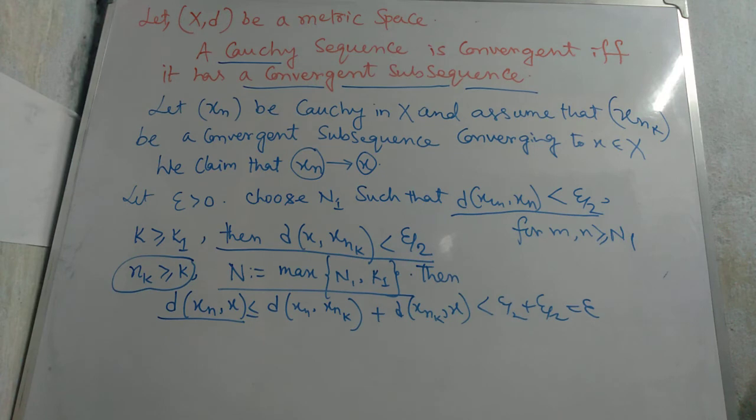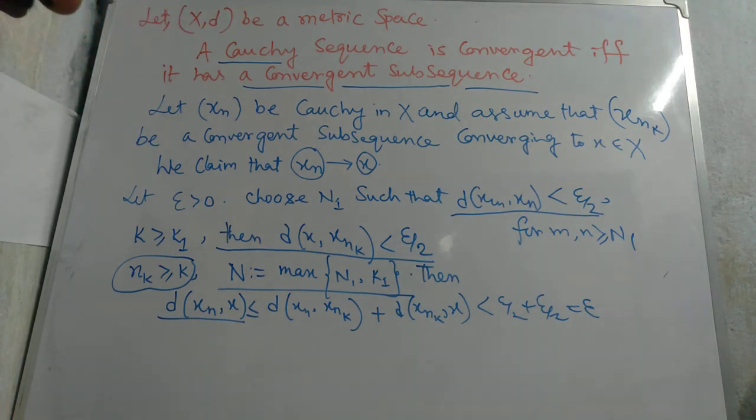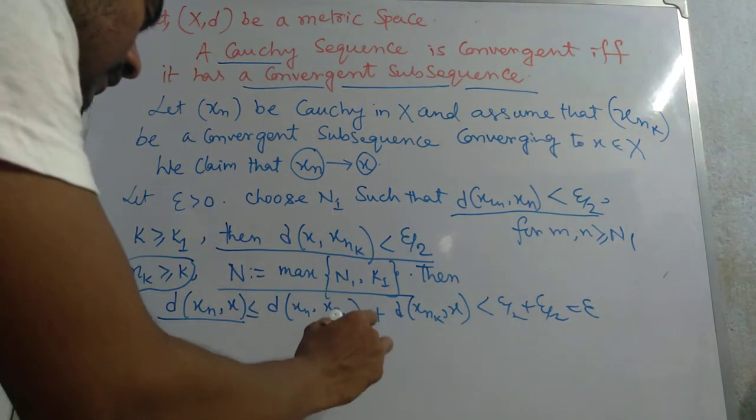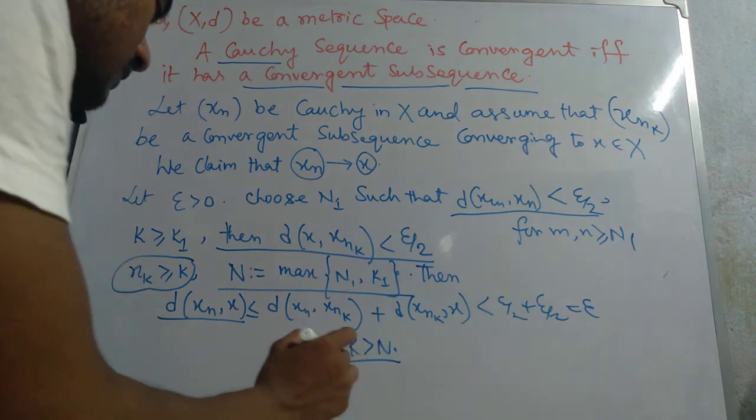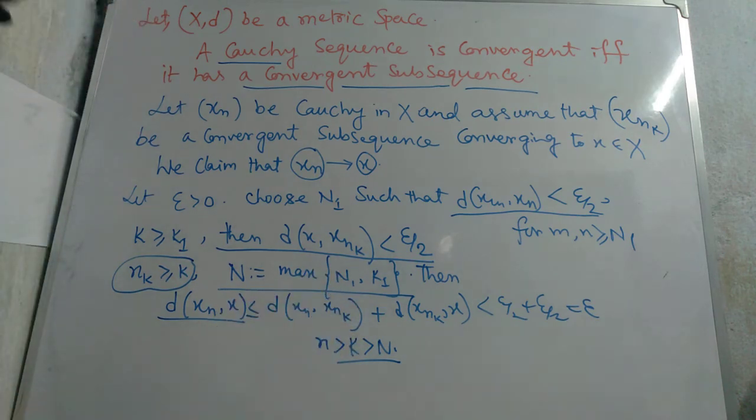Then this happens, so xn converges to x. Now we have chosen k such that k is greater than n, obviously greater than this maximum.